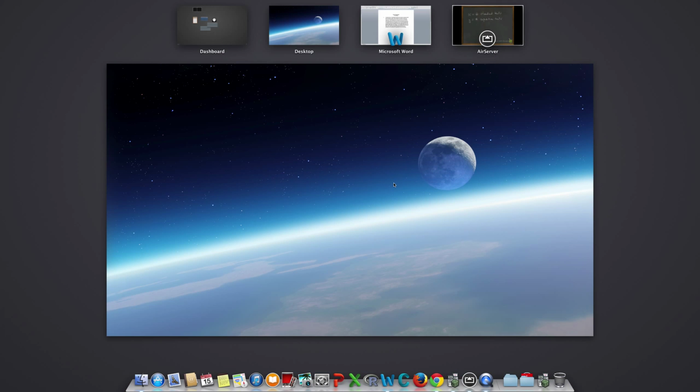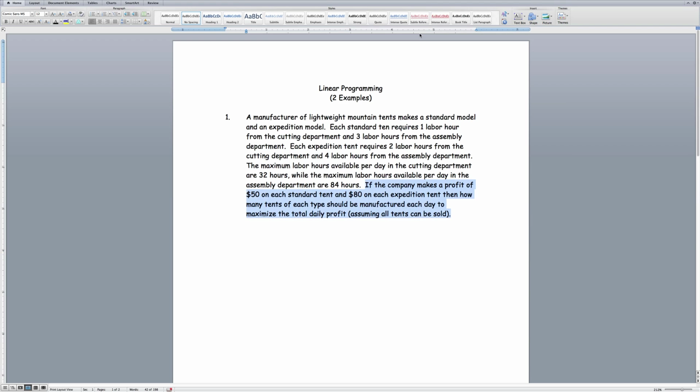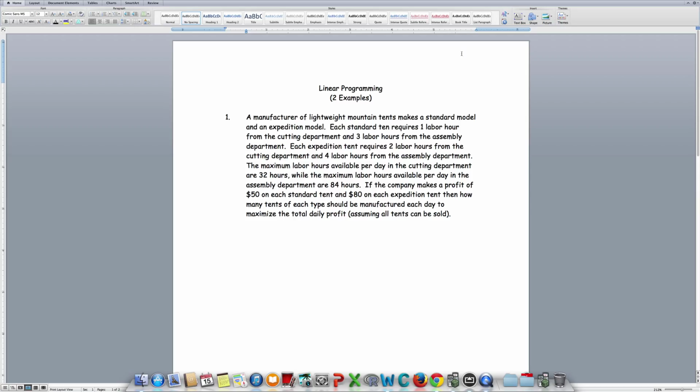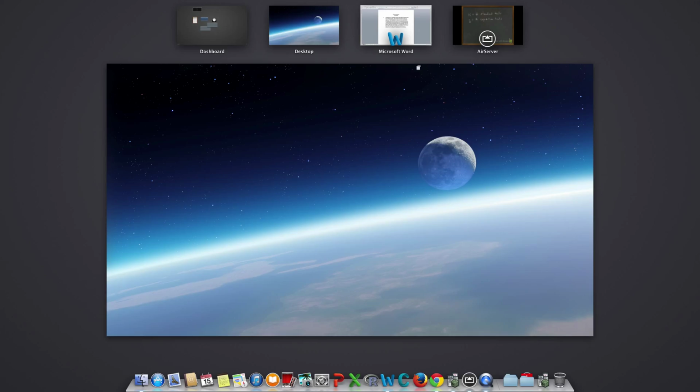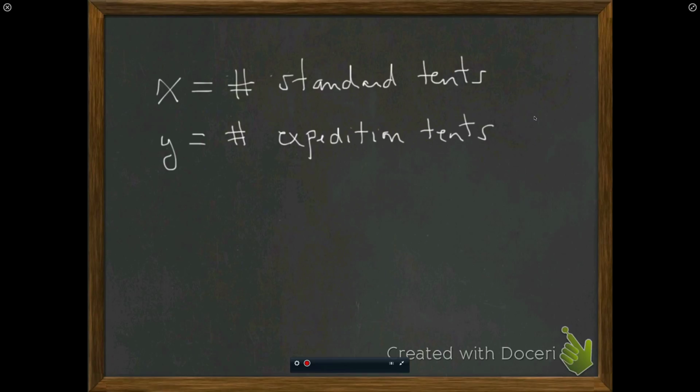Now, I go back to my problem and I want to find out what I'm trying to minimize or maximize. Well, I'm trying to maximize profit. And the profit on each one of these is $50 and $80. So my objective function is going to look like this.